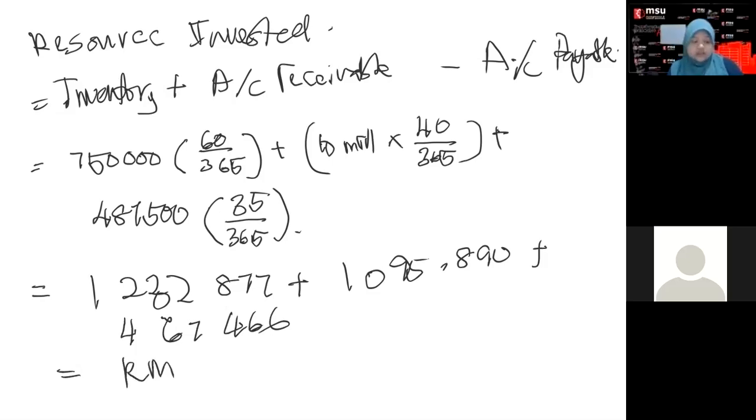So during the cash conversion cycle, this is the amount that the company needs to have. Alright, so we will continue with net working capital for the second meeting.